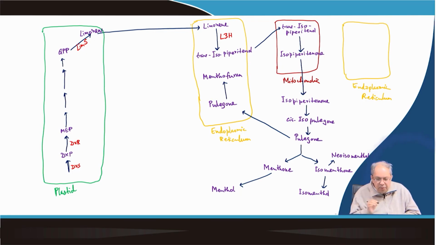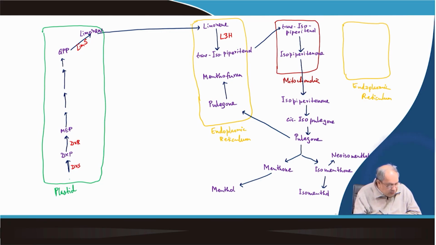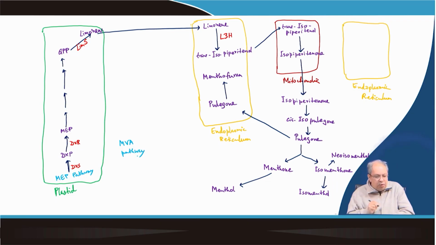As you know, the MVA pathway operates in the cytosol, so you can keep a space for this. This is basically the MEP pathway, and here is the space for the MVA pathway, which is not really contributing towards menthol biosynthesis.